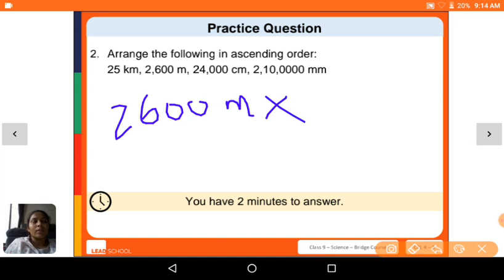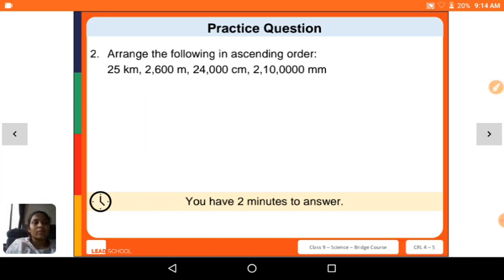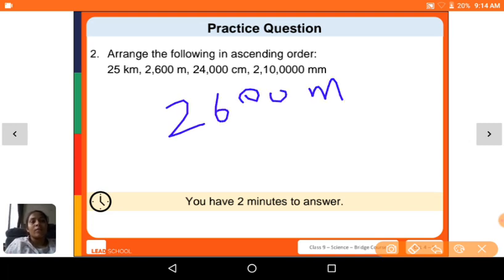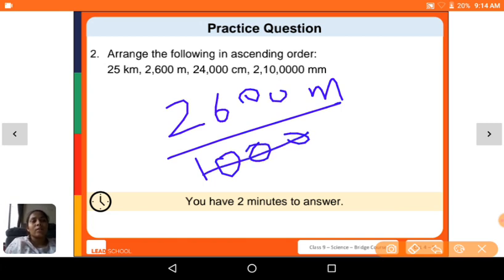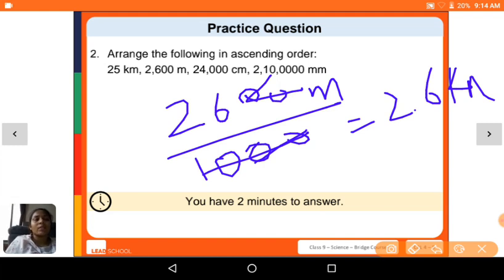We will divide it, sorry, by 1000. Two zeros cut, two zeros cut, which is 2.6 kilometer. So 2600 meter is 2.6 kilometer, right?